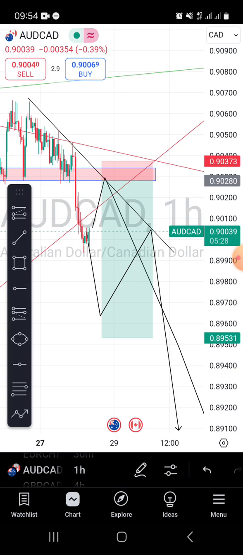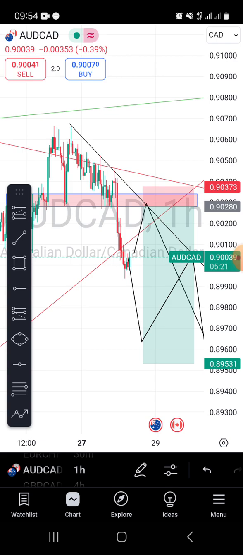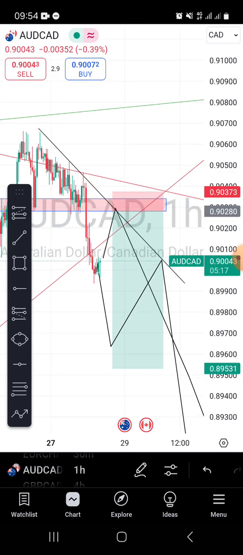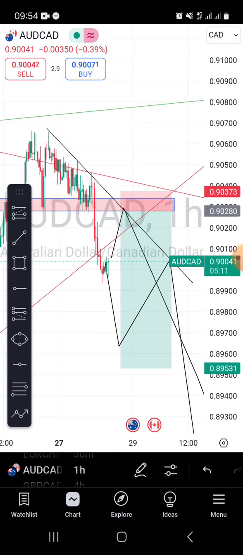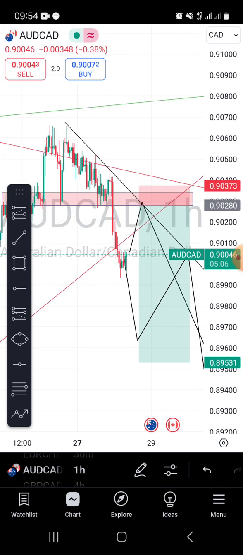But let's hope during this London session price retraces back to this point, and in the New York session by 2 p.m. or 3 p.m. today, it gives us a rejection here, an entry here for the New York session to sell. Just open. The market is at liberty to do whatever it likes.